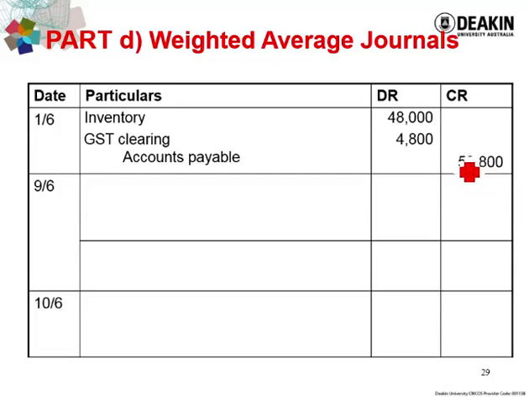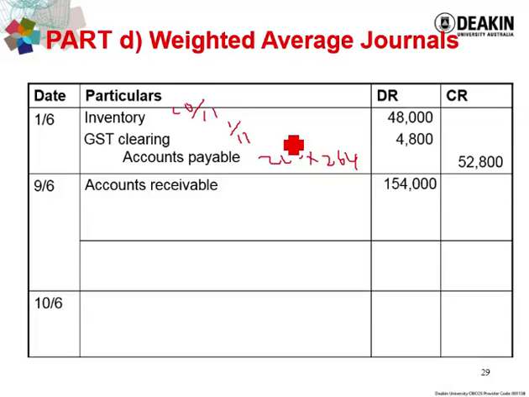So the 52.8K is calculated as 200 times 264, and inventory is 10 over 11, GST clearing is 1 over 11. Then on 9th of June, we sold 350 tables at $440 GST inclusive each.